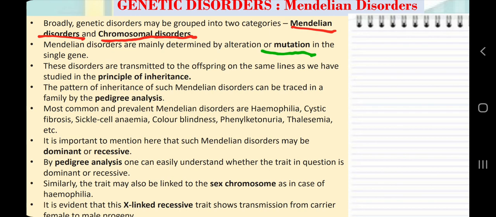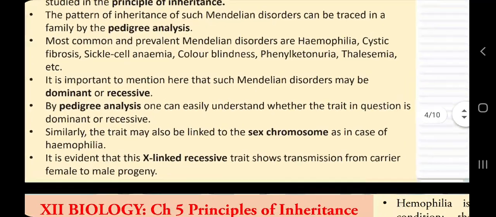By pedigree analysis only, one can easily understand whether the trait in question is dominant or recessive. I have given you some tips in my previous video on how you can predict that a character is dominant or recessive, or sex linked or not.